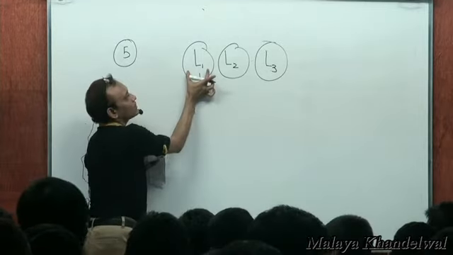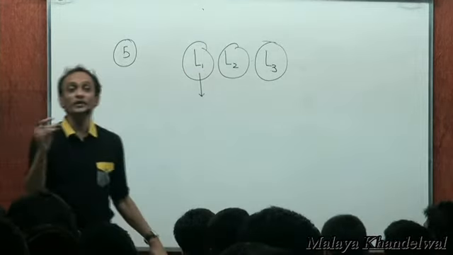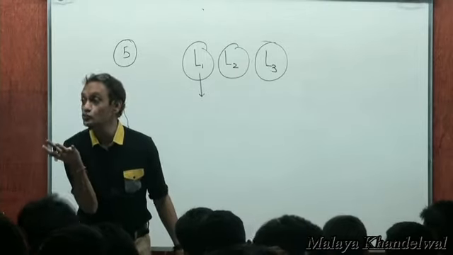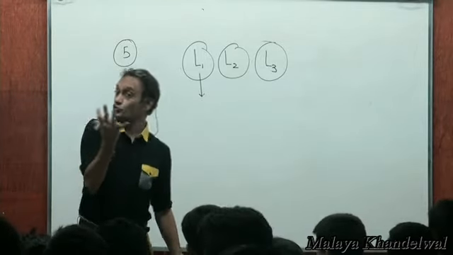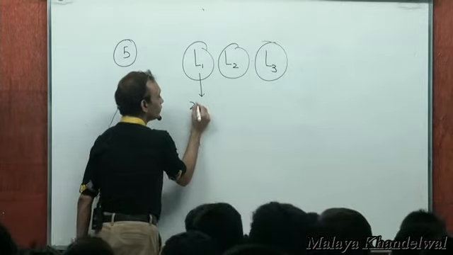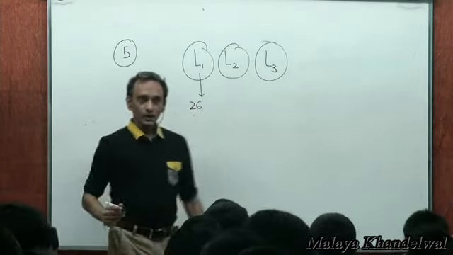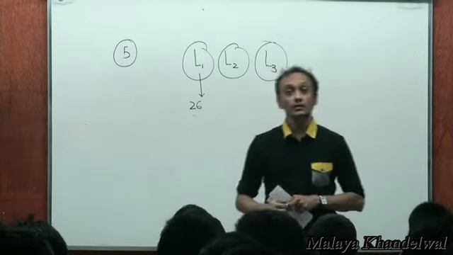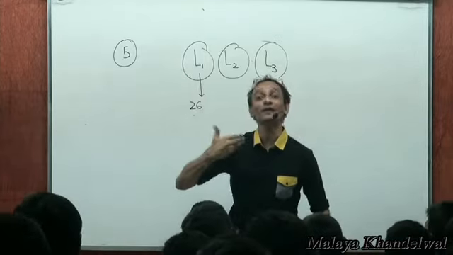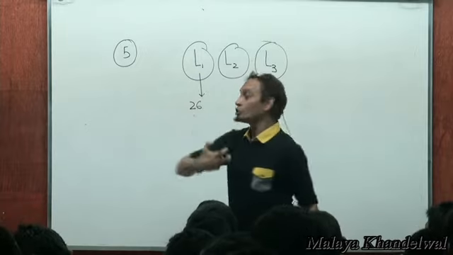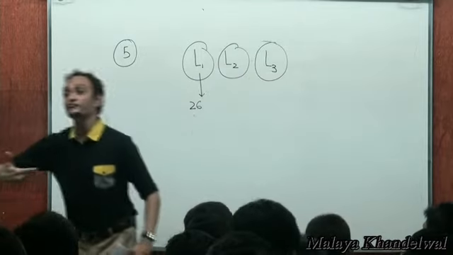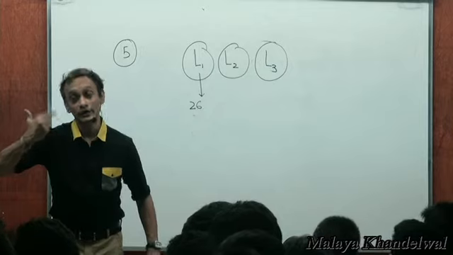The space allocated to L1 could be filled up in 26 ways, 26 alphabets. Now, after I have used an alphabet for L1, I am left with how many? 25. So any one of the remaining 25 could be used for filling L2.